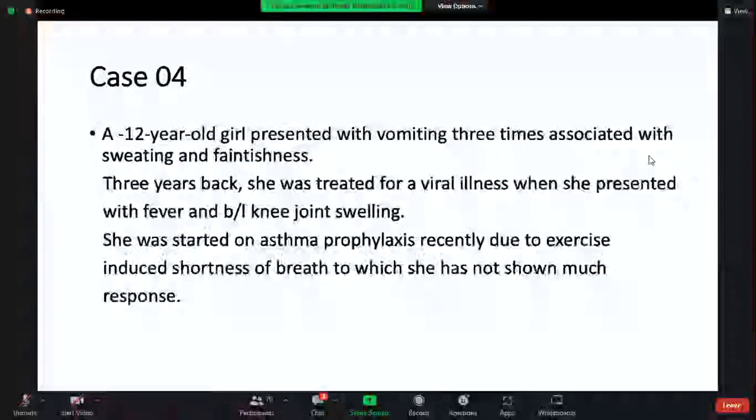Excuse me, madam, in the previous one, why do we get lactic acidosis with salbutamol? Salbutamol, it's a side effect. It can cause lactic acidosis, so it will accumulate lactate levels inside your body.